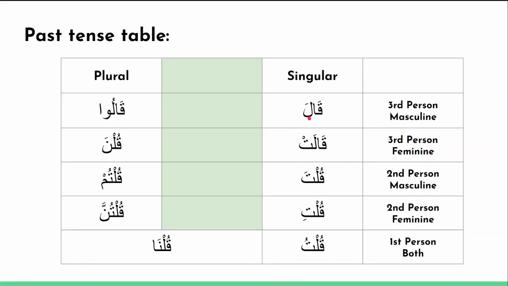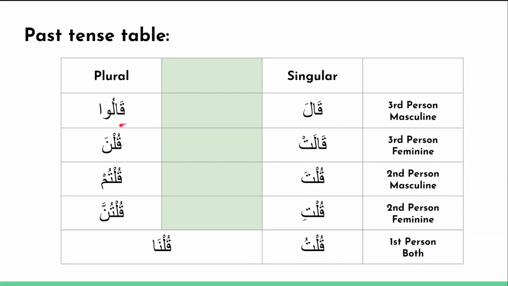So just like with kana, we see that the past tense, singular, third person masculine, it's not qawala, it's qaala. He said is qaala. They said is qalu. She said qalat. Those women said qulna.